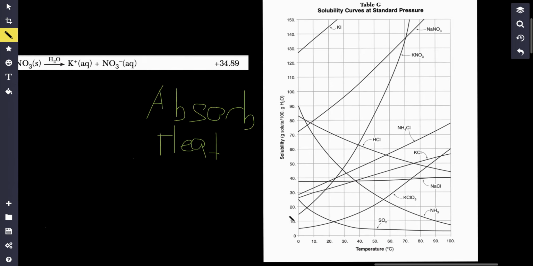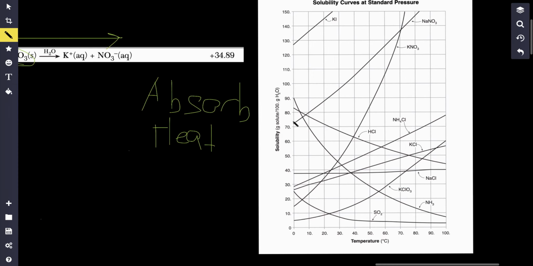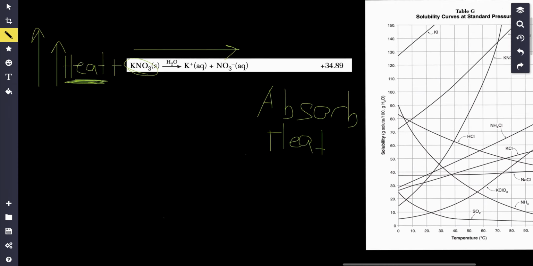And if I increase my temperature, that's essentially adding more heat. More heat means that more of this KNO3, in this case, is going to react. So my reaction is going to shift to the right. More of this KNO3 is going to dissolve, and therefore my solubility increases, as you can see. So that's another explanation for that.